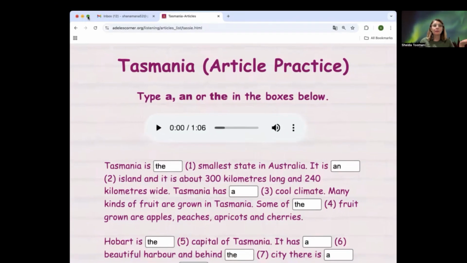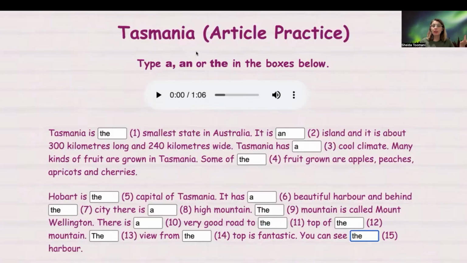Okay, now let me share my screen with you, and then with a short and sweet story, I explain more about this topic. So first of all, we are talking about articles, a, an, or the. I am using the text from Adele's ESL Corner. It's a listening activity focusing on article practice.